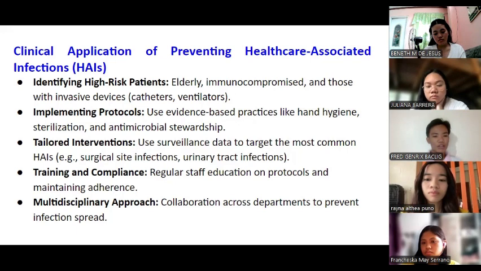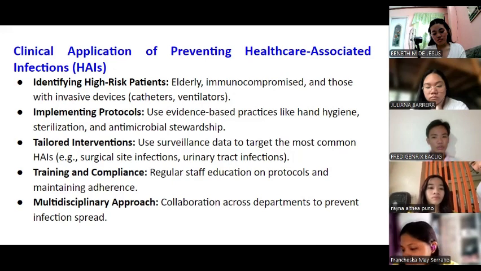Training and compliance: regular staff education on protocols and maintaining adherence. Regular and ongoing staff education is crucial so that all healthcare workers are up to date on the latest infection control protocols.